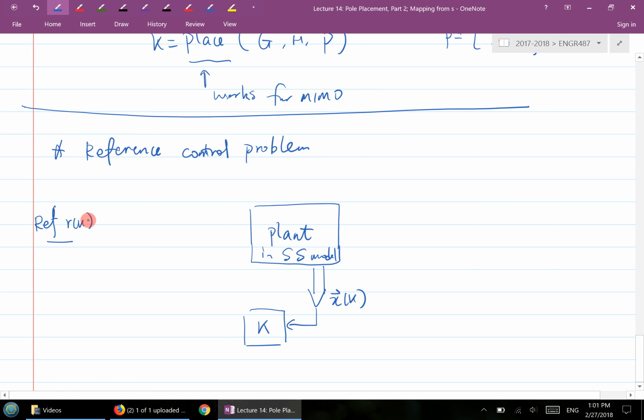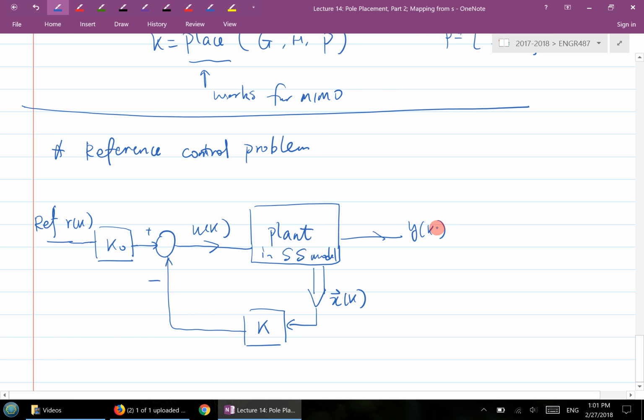Now we have a reference input, and you have a junction here, so negative feedback. The reference input here, we're going to insert a scaling block. Let's call it K naught here, and then the two signals added together will be the control signal u, and of course here is your output y of k.